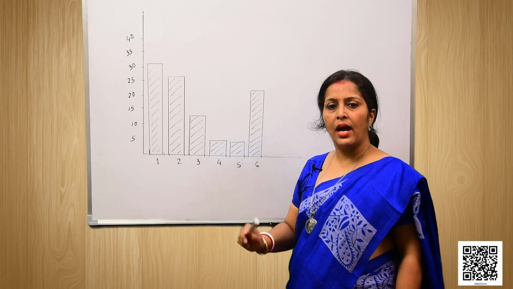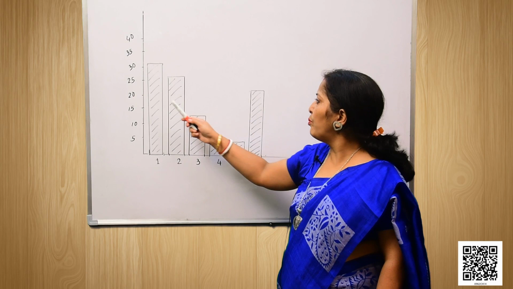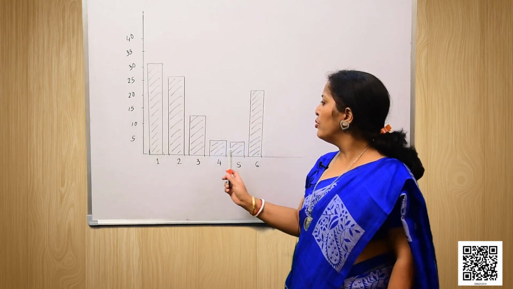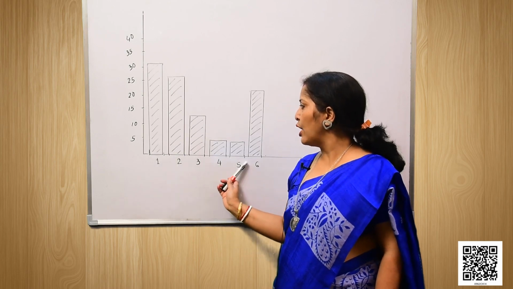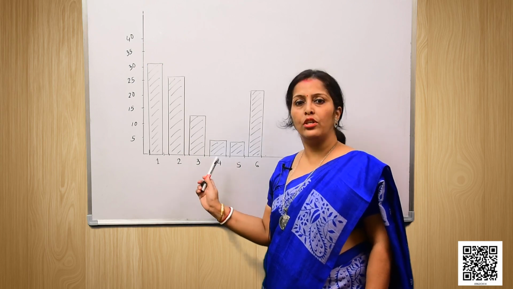And the last one is other causes, and the percentage was 22.0. So the point is 22 along the vertical line and we came down. But remember, all this width will be same, also the gaps will be same. This is the solution, or this is the bar diagram for this.